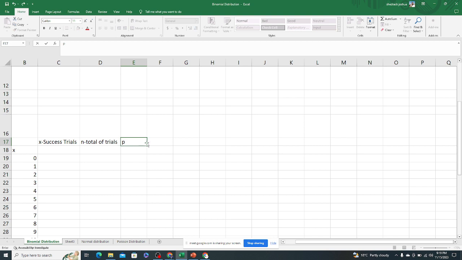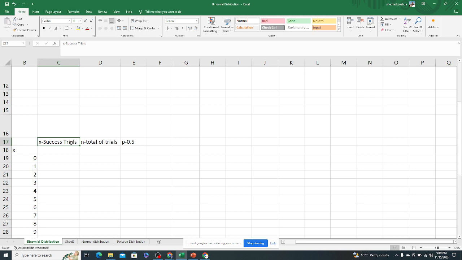Of course here we have two chances. The probability of having a defective item and the probability of not having a defective item will be the same. And in this case we are going to use 50%, which is 0.5.